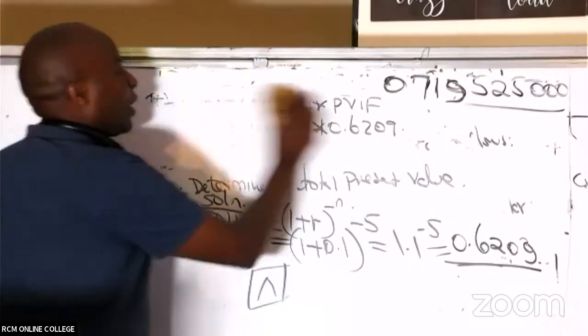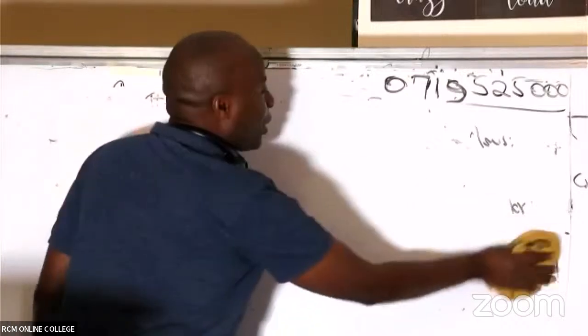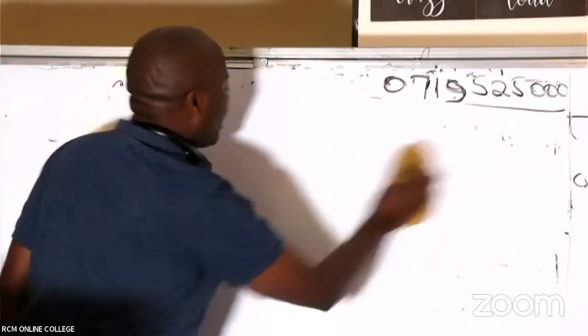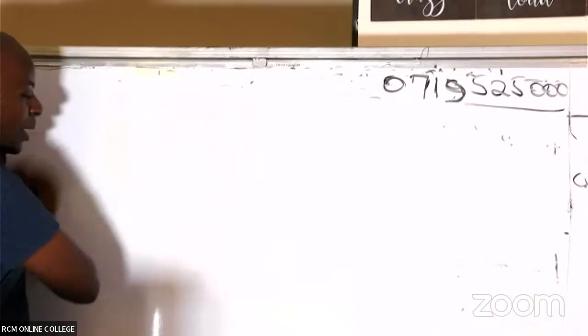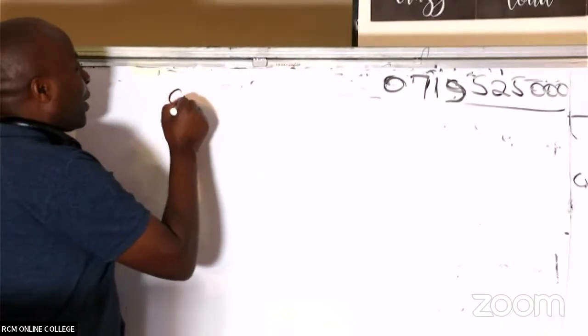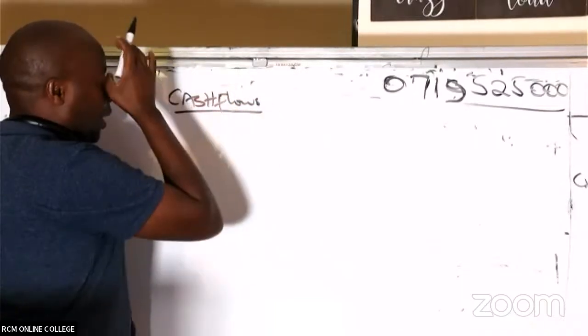Now, ladies and gentlemen, please listen. How about this one? Now we have Mr. Karuki's cash flows. Mr. Karuki has gone into some business that has some cash flows, and these are the cash flows from Mr. Karuki's restaurant.